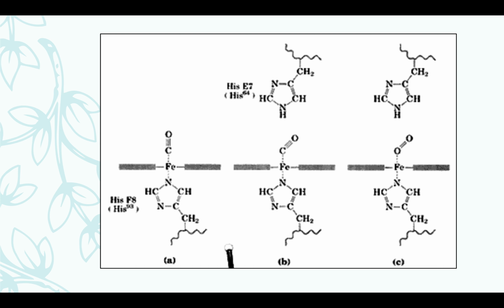Okay, so now focus your attention naman on letter B. When you have his E7, it forces carbon monoxide to bind at an angle, around 120 degrees to heme, due to the steric block of his E7. Consequently, this provides advantage for oxygen, because this lessens the carbon monoxide's affinity by 200 times. So see, can you imagine, ang laki ng ibinaba niya?